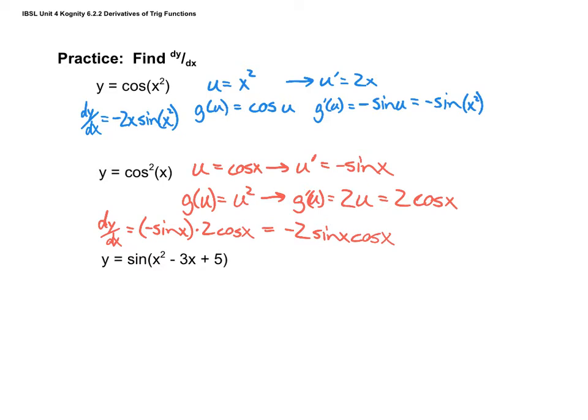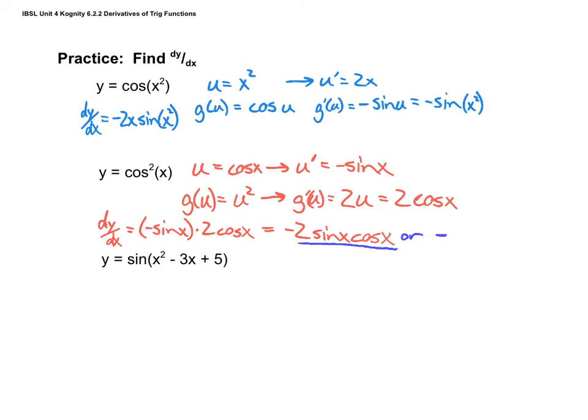You may remember, although it's been a little while, our trig identities. Those are still around. And it is possible to simplify this further. I could keep going. Do you remember what 2 sine x cosine x is?